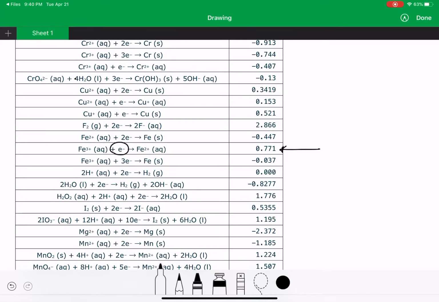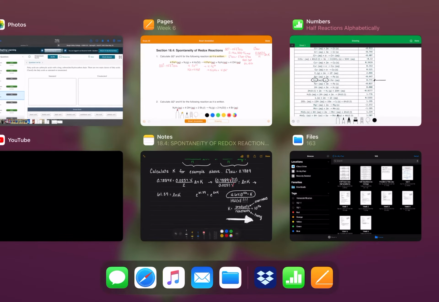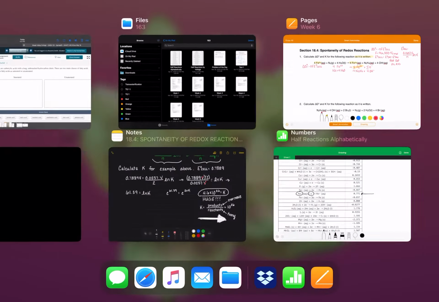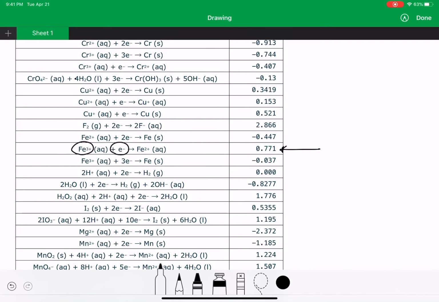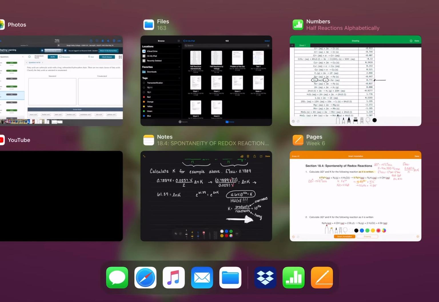There's 1 electron per 1 Fe3 plus, on the same side as the Fe3 plus. Since I have 4 Fe3 pluses, I need 4 electrons. And now let's grab that voltage: 0.771.